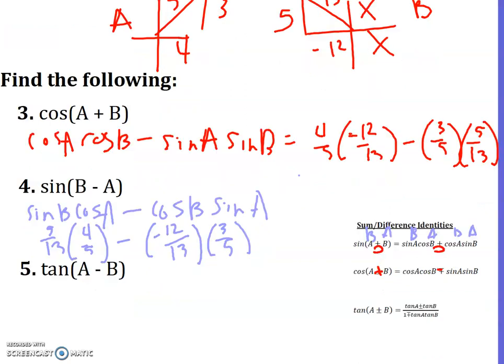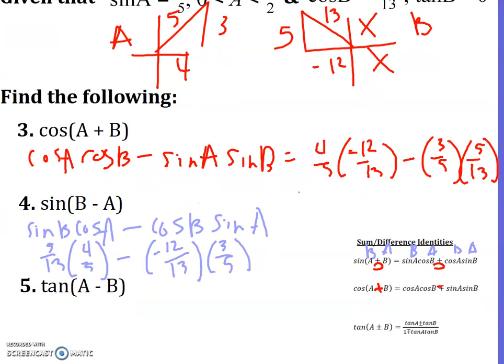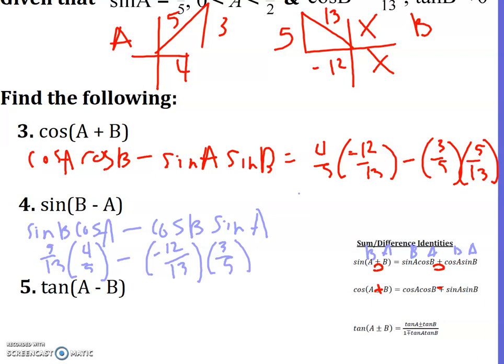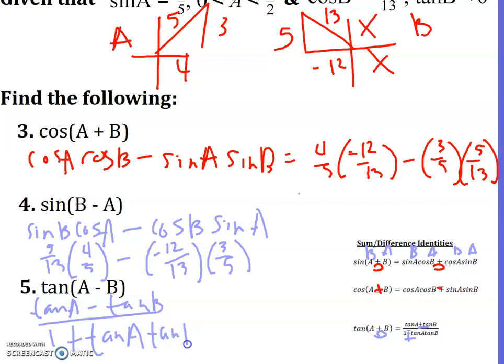I can't scroll down too far, so I'm not going to be able to see my pictures, but here we go. So tan A minus B, so tan minus is on the bottom, minus is on the bottom, and then the plus is on the bottom there. Here we go. Tan A plus, no, I'm going on the bottom. Minus tan B, 1 plus tan A times tan B. Yes, we need to have it expanded.